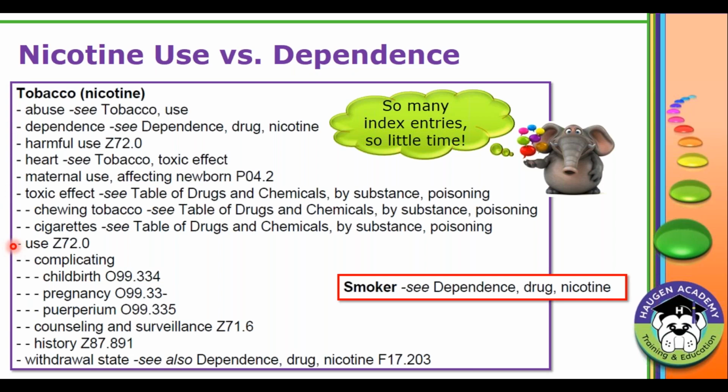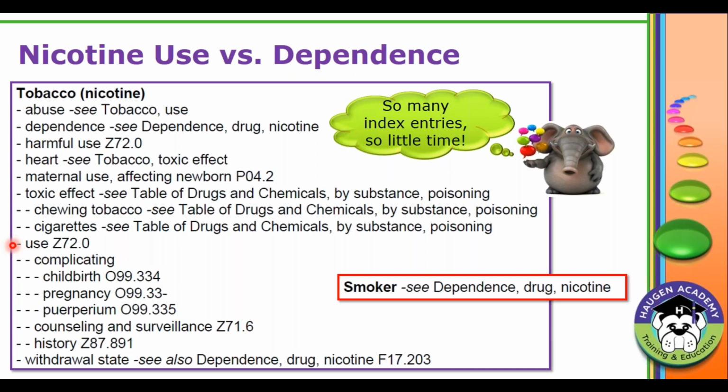So I come down to use, and it sends me to code Z72.0. It has some subterms under there for pregnant patients or patients undergoing some sort of counseling and surveillance for it.